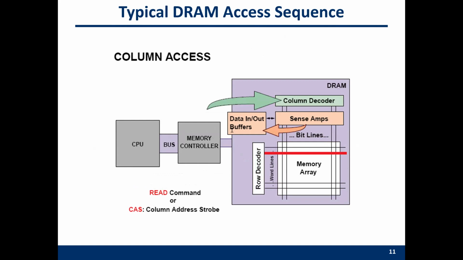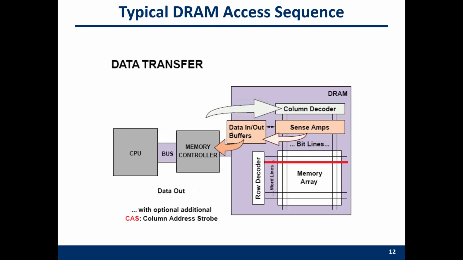After you specify the column address, the IO will send out the data. Of course, there is a clock, and you need to wait a certain number of cycles to get all your data.